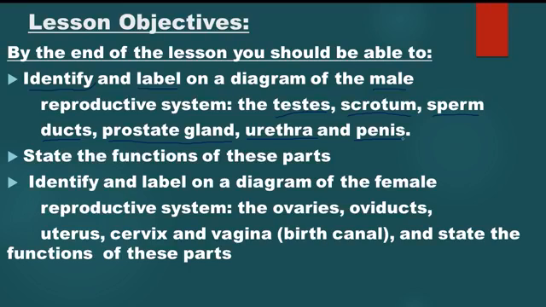Then when you come to the female reproductive organ system, we have the ovaries, we have the oviducts, we have the uterus, cervix, the vagina, which is also called the birth canal. So you must be able to identify those parts on a diagram. Then also you should be in a position to describe their functions.